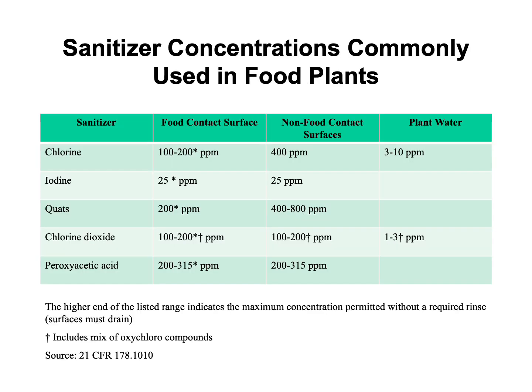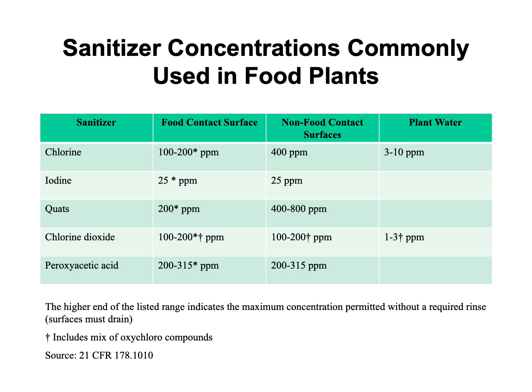21 CFR 178.1010 covers different types of sanitizers and where we can use them and the appropriate concentrations. So you want to be mindful: is it a food contact surface?